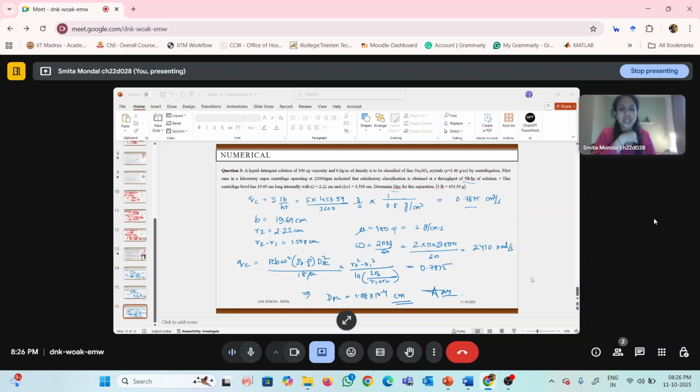So we have discussed the main equipment for a centrifuge separator, and we have also solved some important numericals regarding the throughput and the cut diameter calculation. In the next class we will learn about the flotation process, which is very important for coal processing units.